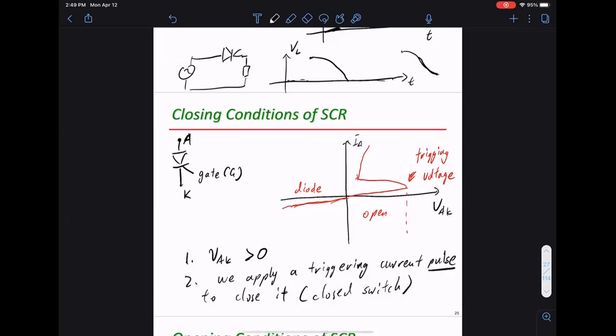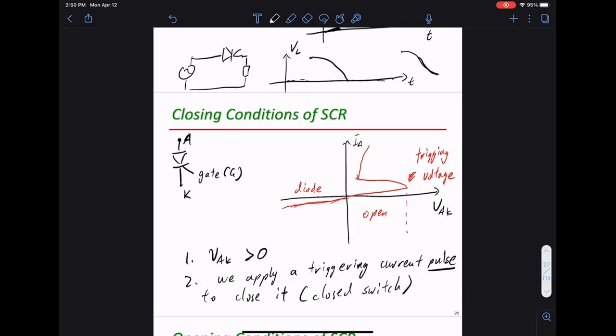So triggering current or triggering voltage? Triggering current. We're going to trigger with a current. So then why in the graph do you call it the triggering voltage? This is based on the way you set when the device is triggered, which is to measure the voltage. It'll become clear next when we talk about the conditions.